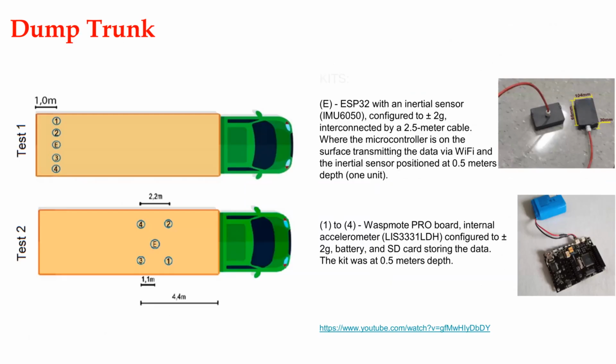So, to go to the second phase, which uses the dump truck, I now want to show the data from the 2 experiments in this environment. We use 5 sensors of 2 kinds: one ESP32 using inertial sensors, and another from a manufacturer, also an inertial sensor, placed in different parts of the dump truck.